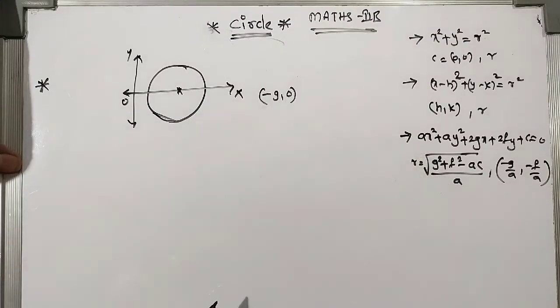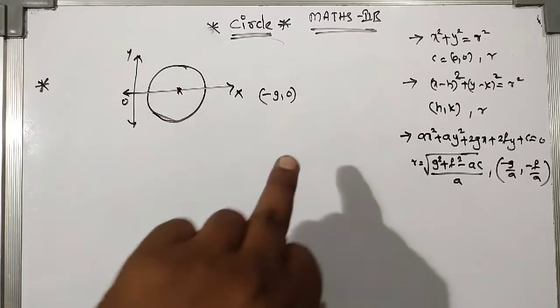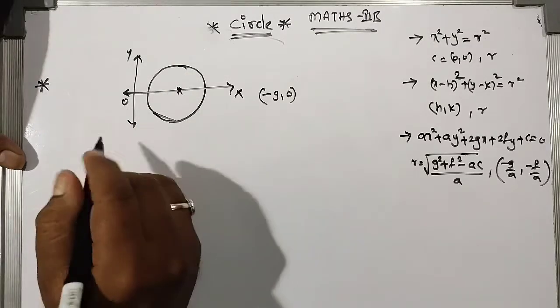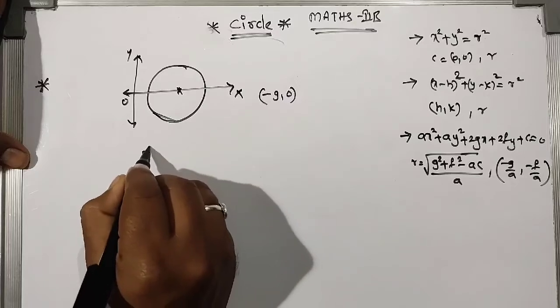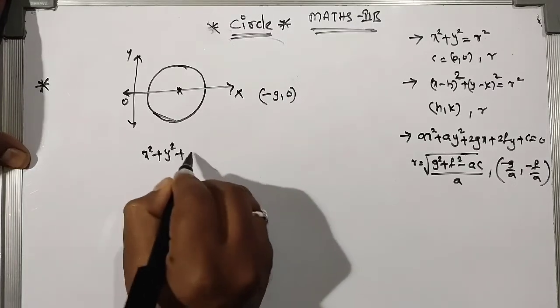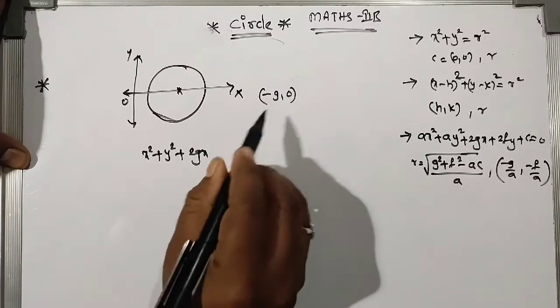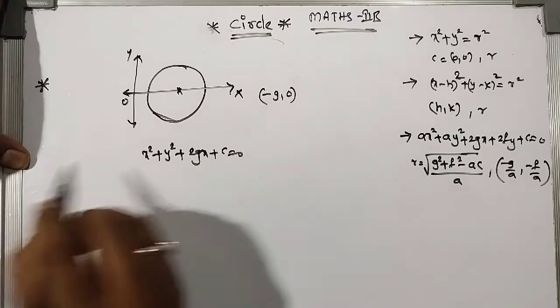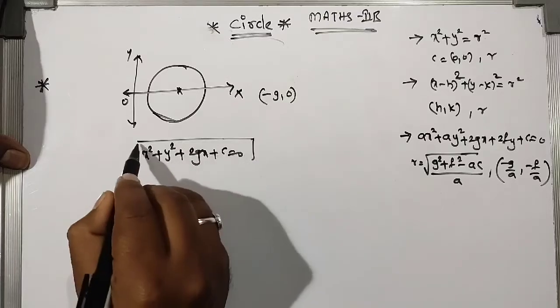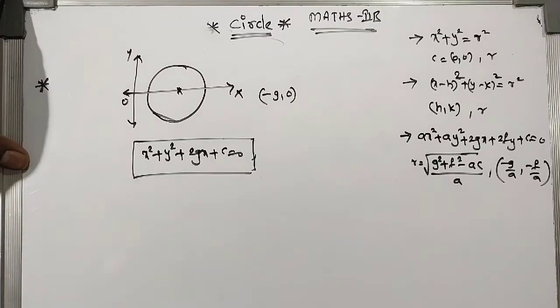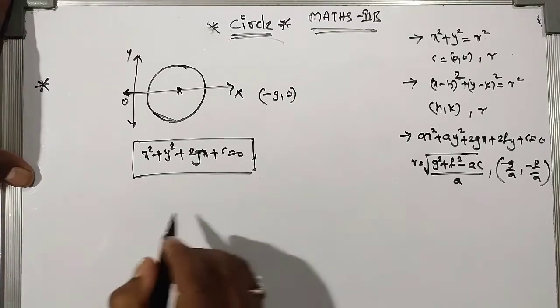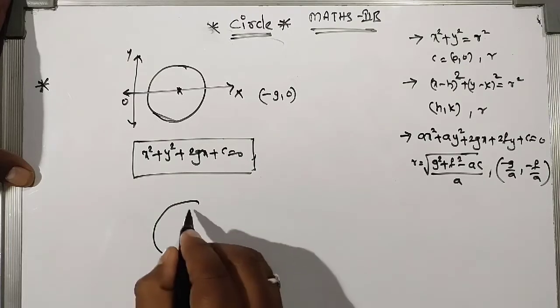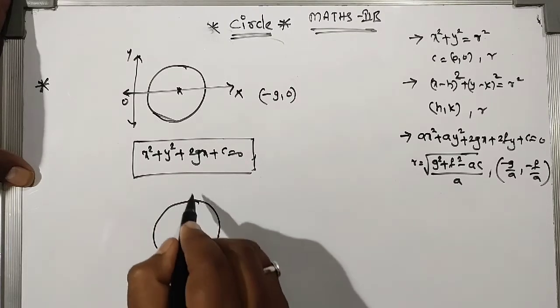So in that equation the f term will vanish, so it becomes like this: x square plus y square plus 2gx, where the term f will be 0, therefore it will be absent, plus c is equal to 0. And if the center is on the x-axis, this is the equation of the circle. In the same way, the circle center is on the y-axis like this.